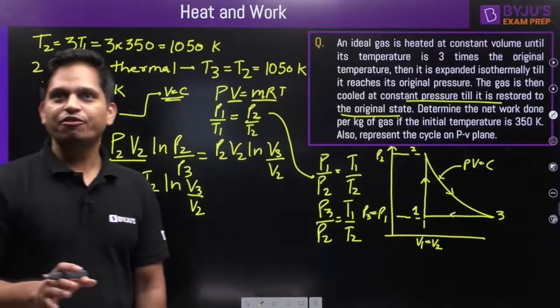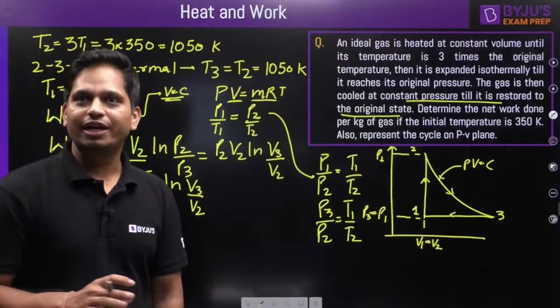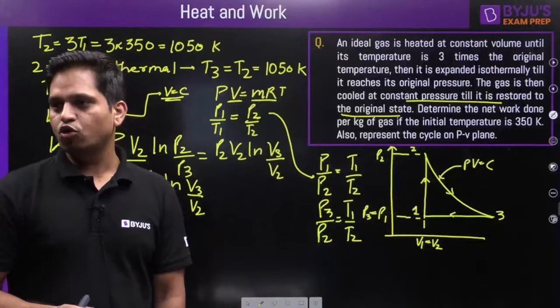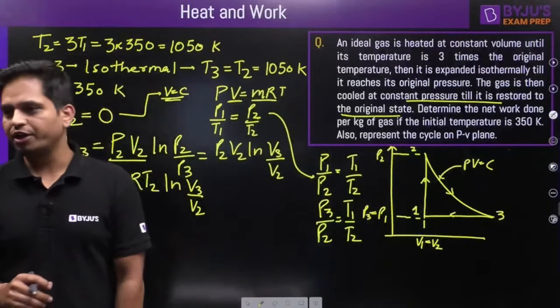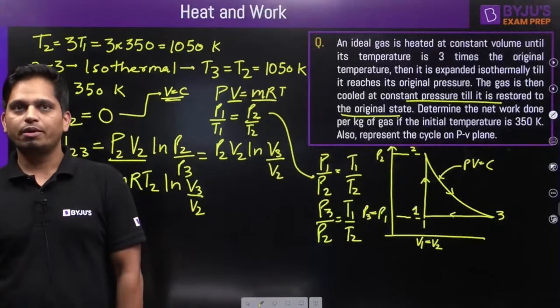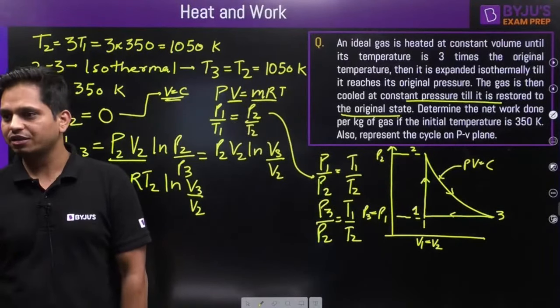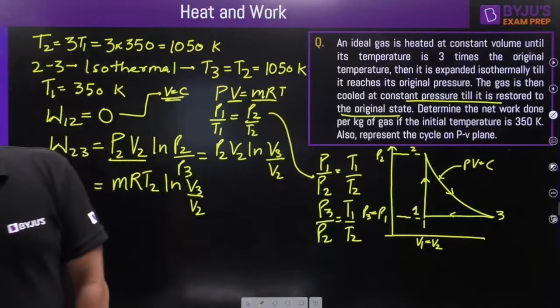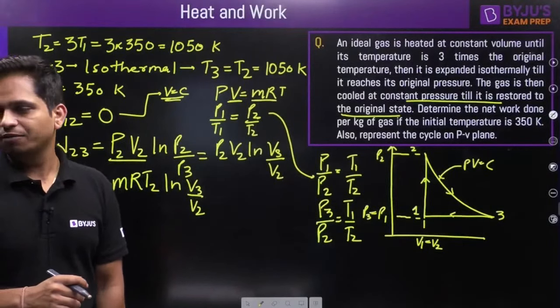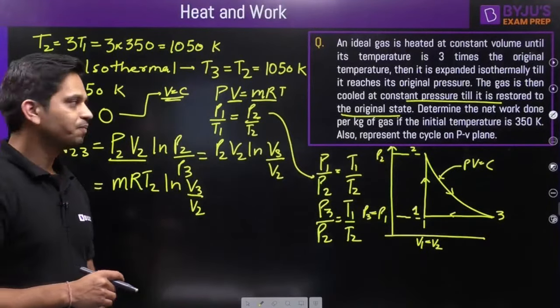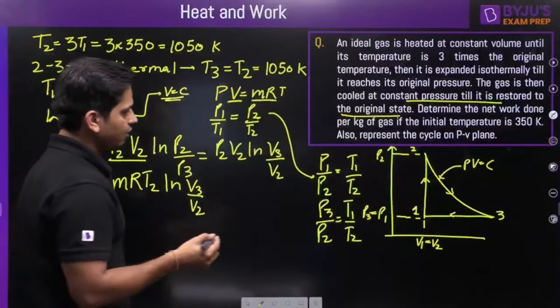No, air isn't given. Yes, air isn't given, but if the value is not given in the question, you can assume that it works. Yeah, 287 joule per kg Kelvin you can take for air. Okay, so that was the thing.